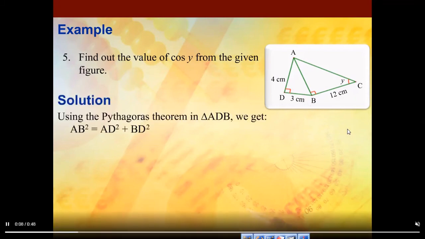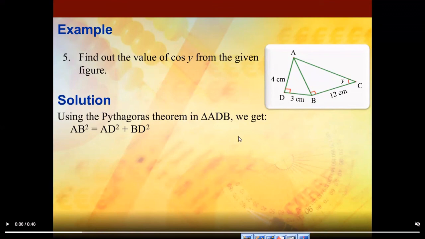So by using the Pythagoras theorem and taking triangle ADB, we get, see, the side opposite to the right angle is the hypotenuse. So AB is the hypotenuse of triangle ADB. So AB square is equal to AD square plus BD square. I hope this is clear for every student. So what is the value of AD and what is the value of DB from the figure?